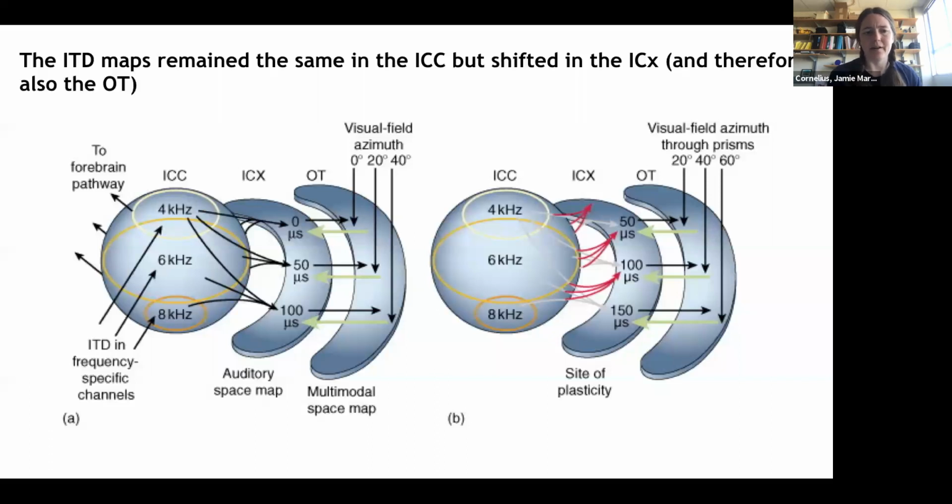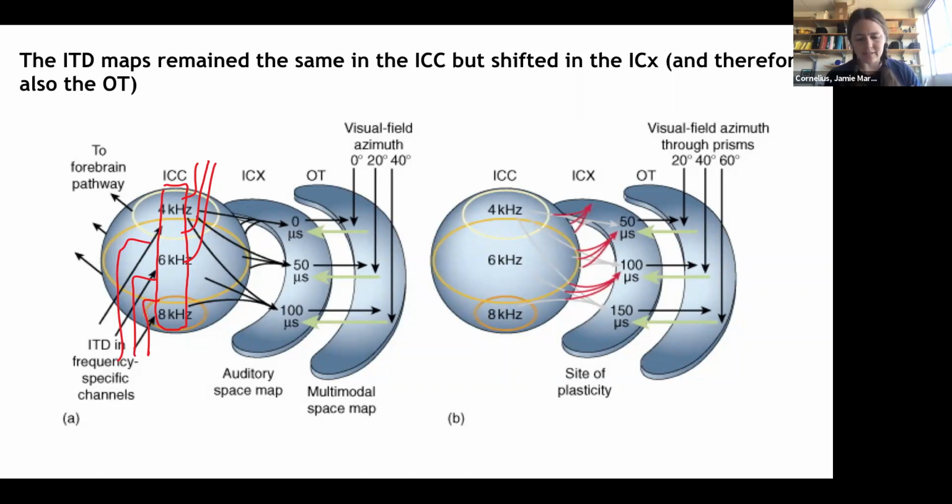So you have a place specificity developing in the ICC that corresponds to particular interaural timing differences. So the delay lines are all built in along here. You've got the right ear coming in, the left ear coming in. So that's how you're getting these interaural timing differences.